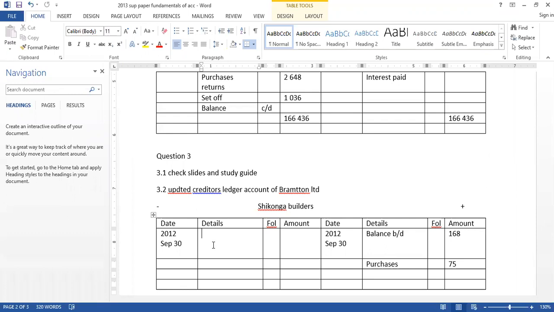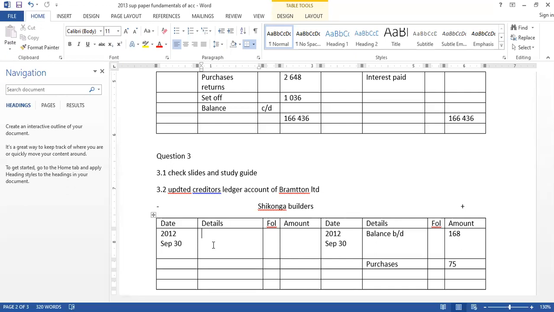And then you're told that Brampton Ltd returned goods to the value of 69 to Chikongo Builders. However, the bookkeeper entered the amount incorrectly in the ledger. So basically, we are the ones that made the mistake. The goods we returned were of 69 value, but we recorded 96.